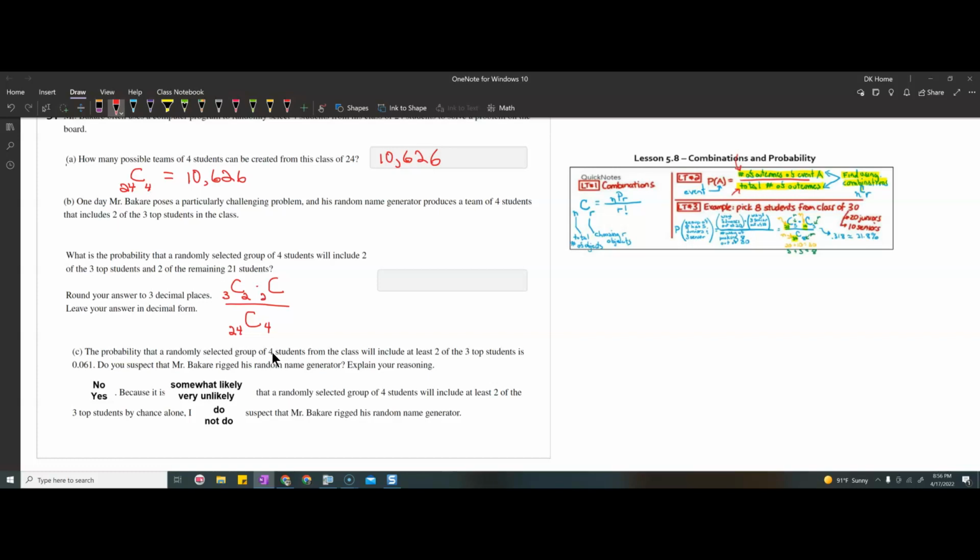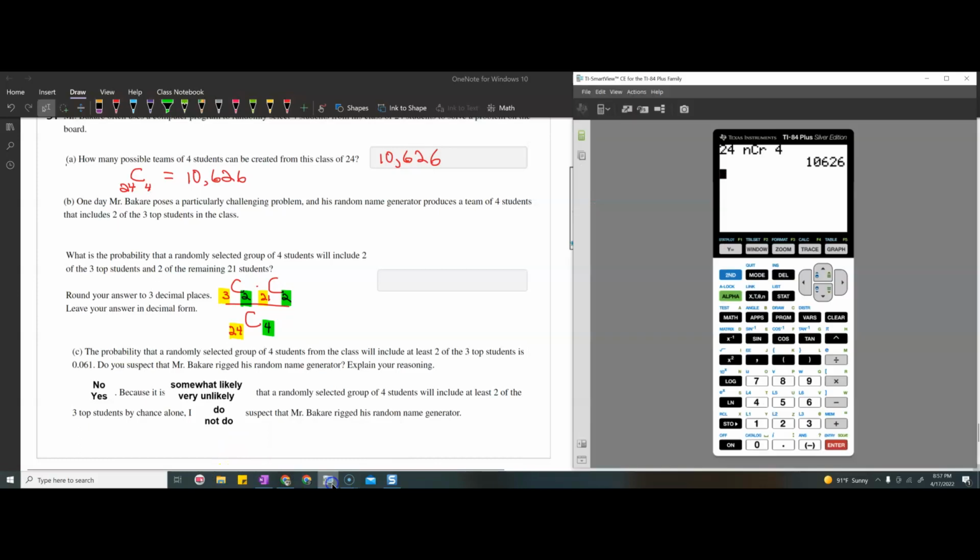So I got 21 students left, and I'm doing combinations of 2. If you recall, these 2 values have to add up to 24, and then the 2 how many you're picking have to add up to that value. And now we enter that into our calculator and get our probability.